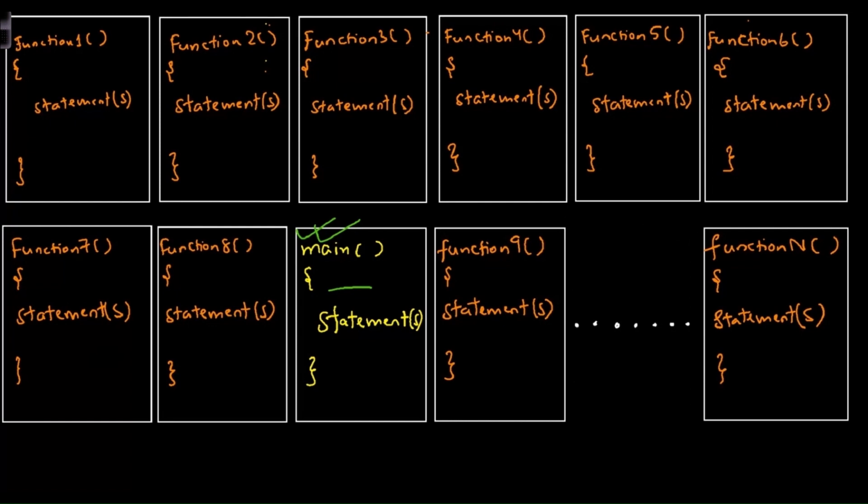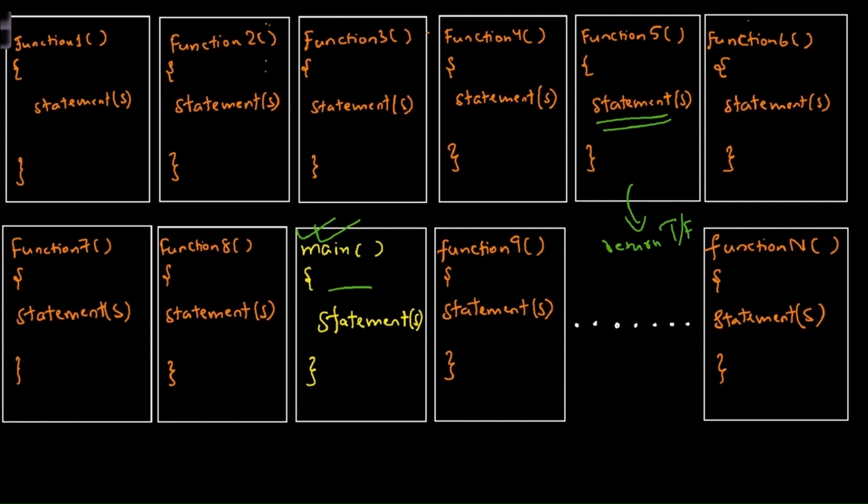The other way could be, let's say function 5 is a function. Using the statements in function 5, you write the logic to check if the number is prime or not. This function 5 will return true in case the number is prime, and false in case the number is not prime.